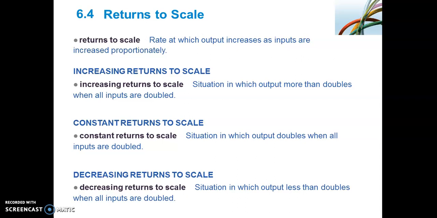So there you have a scenario where there's decreased productivity of those factors of production. A scenario could be that you have a very large firm that has become very difficult to manage and organize, and as a result of that, inefficiencies creep in, and this decreases the productivity of your factors of production.